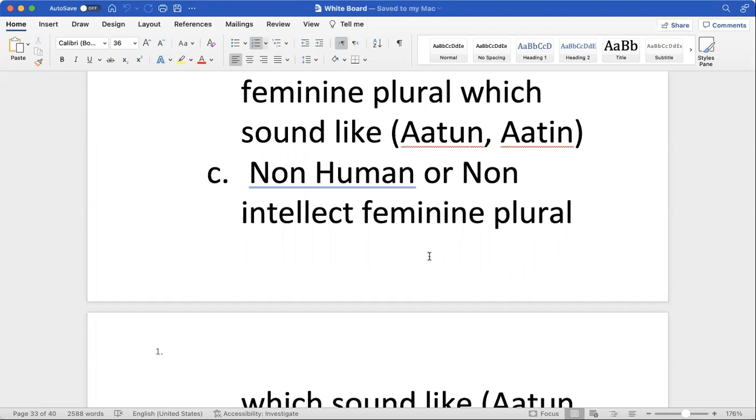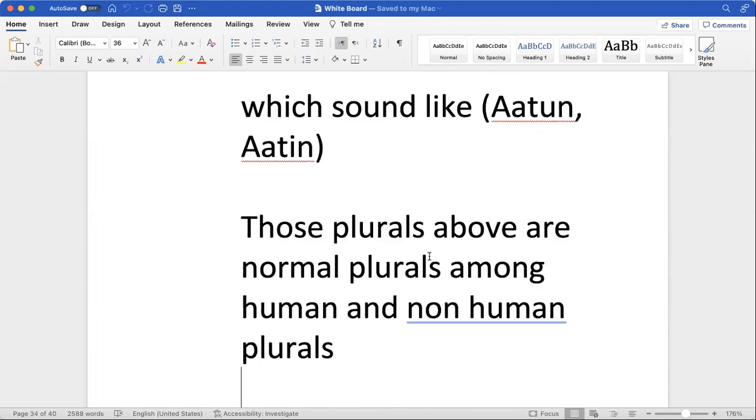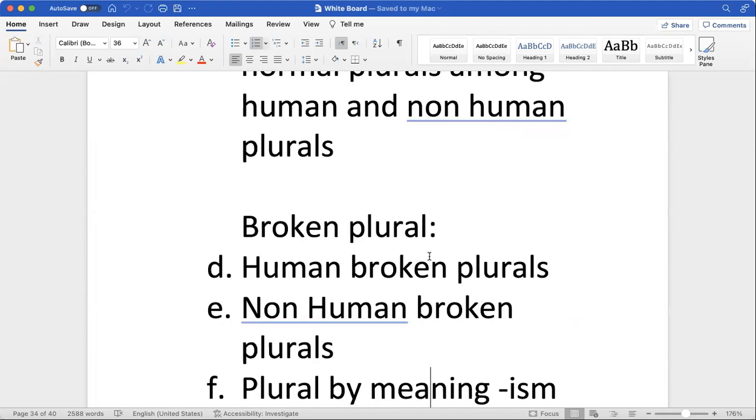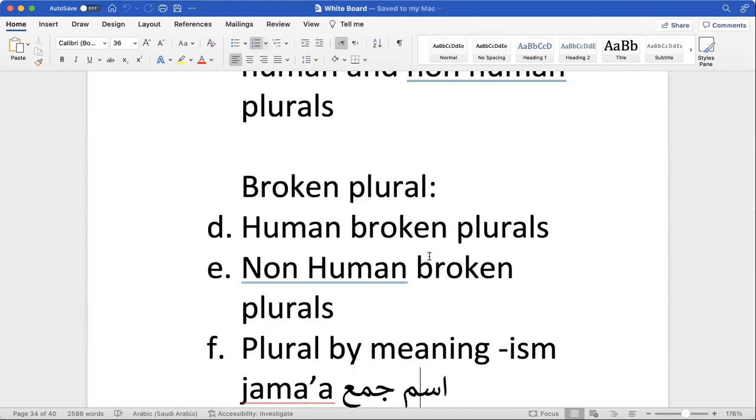In broken plurals, we have human broken plurals like Rasul, Rusulun, Nabi, Ambiya, all human. And under non-human broken plurals, the example I gave you, masjid, masajid.